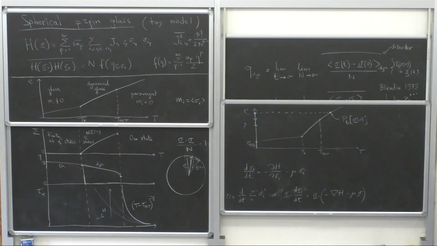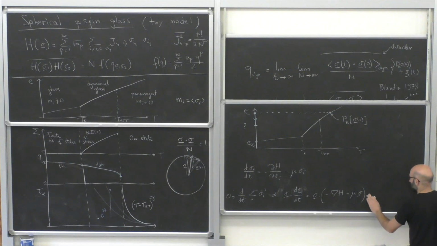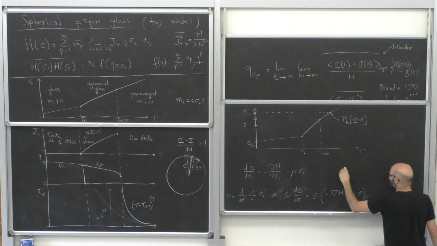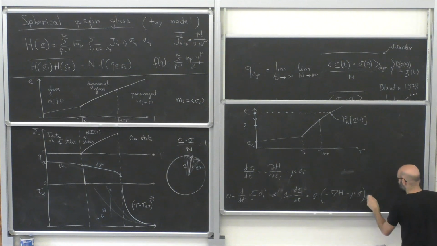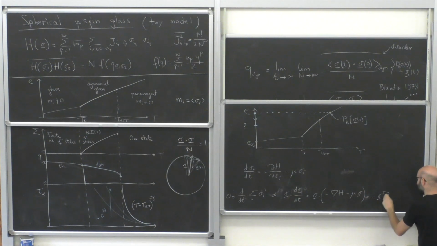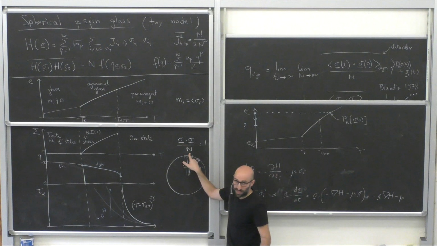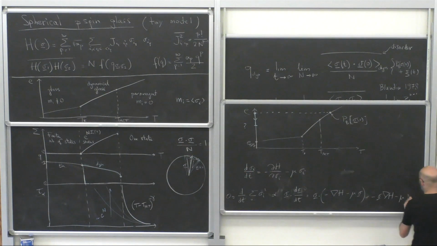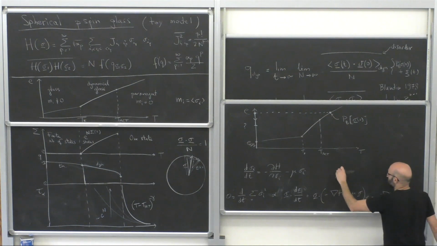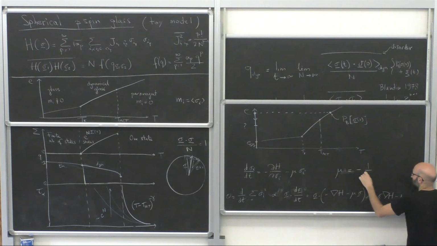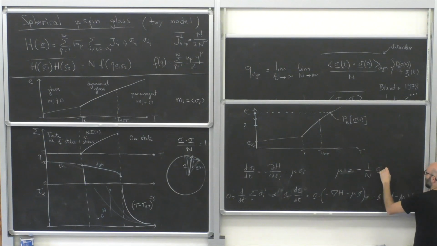And this should be 0, so we get minus sigma times gradient of H minus mu sigma squared, but sigma squared is equal to N, so minus mu N. And this should be 0, so what I get is that mu is equal to minus 1 over N sigma times the gradient of H. Okay?